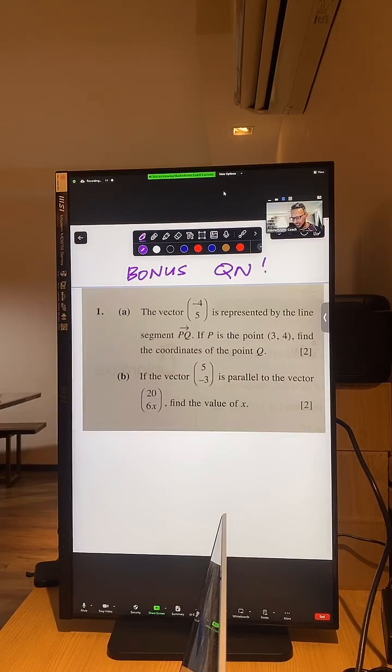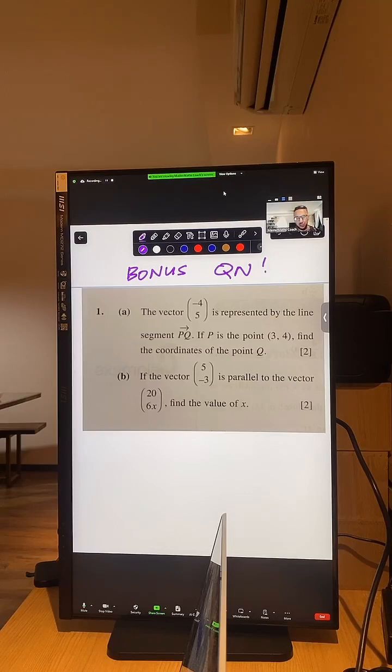Remember, a vector is a quantity that has both magnitude and direction. A vector can be represented by a directed line segment.